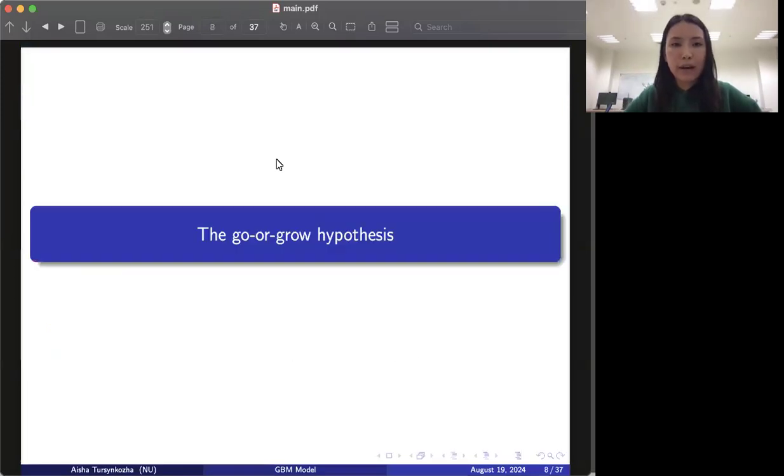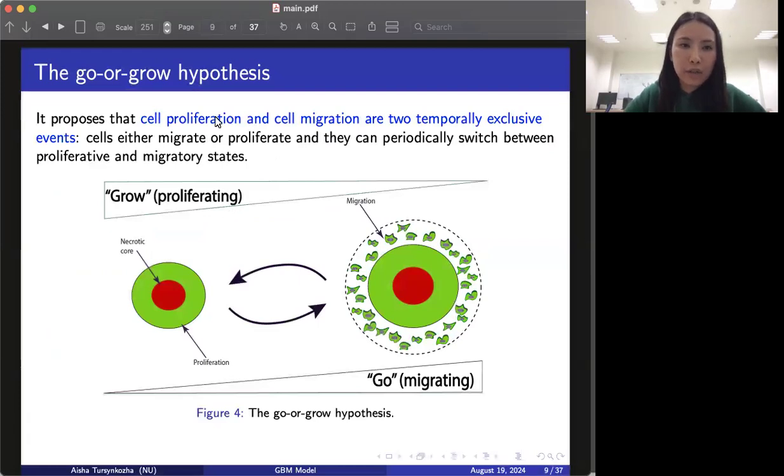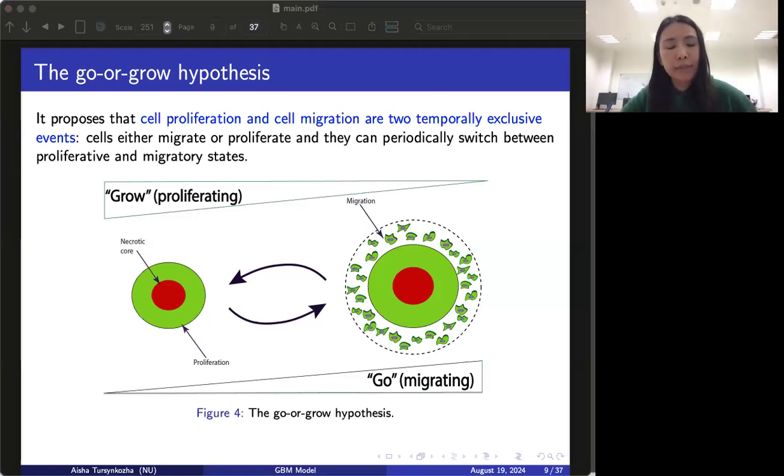So here we have the go-grow hypothesis, which says that cell proliferation and cell migration are two temporally exclusive events. Cells either migrate or proliferate, and they can periodically switch between proliferative and migratory states. Usually tumor growth starts with a small number of proliferating cells.